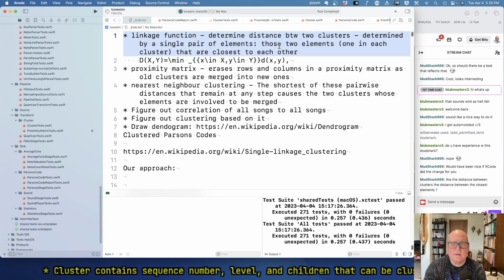This distance function, given a proximity matrix and another cluster, gives me a distance. So it's not a function on the proximity matrix per se.